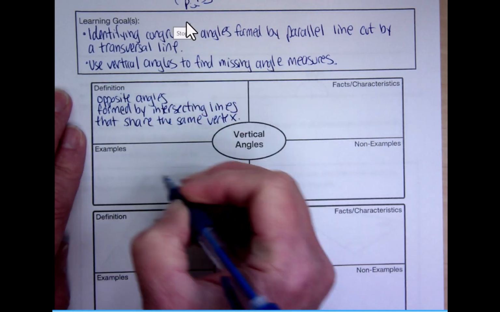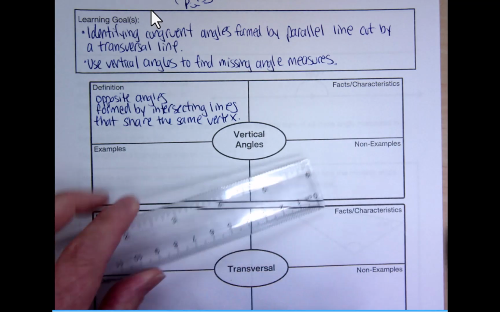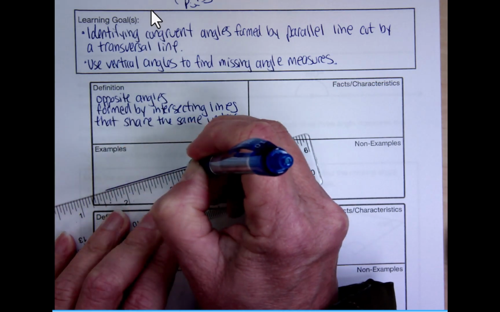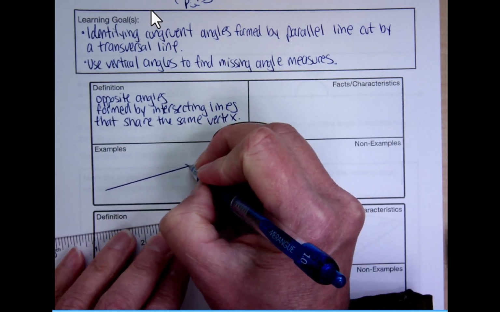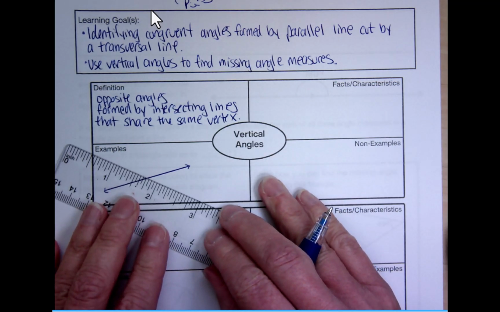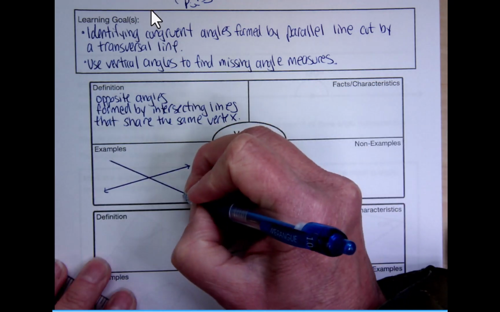Let's go ahead and draw some here. I'm just going to grab a ruler. Here we go. And I'm just going to draw two intersecting lines. That's what is going to help us to see vertical angles. Okay.